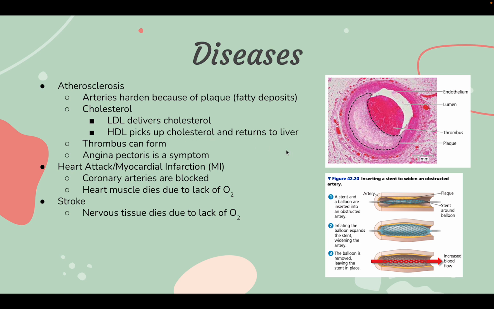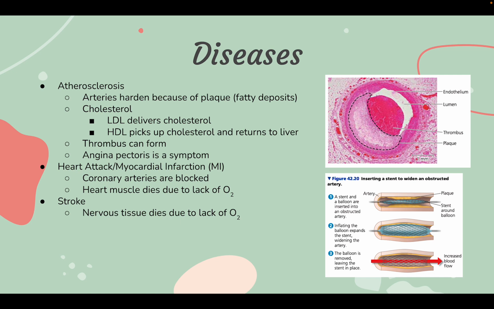So LDL is the quote unquote bad cholesterol because it drops off the cholesterol, and HDL is the good cholesterol because it picks it up from random places in your blood. So you want a low LDL to HDL ratio, and certain diets like the Mediterranean diet can facilitate that, good for your heart.